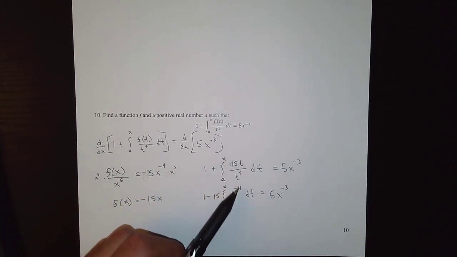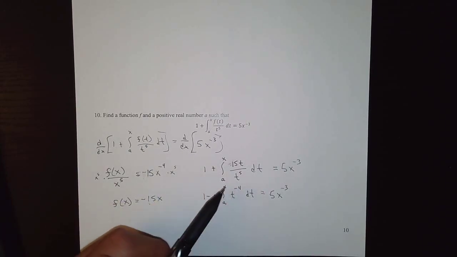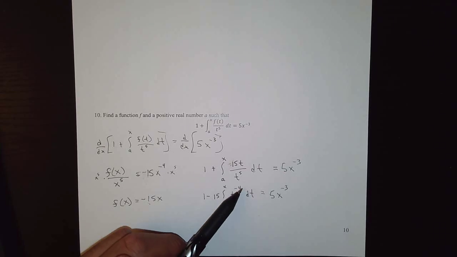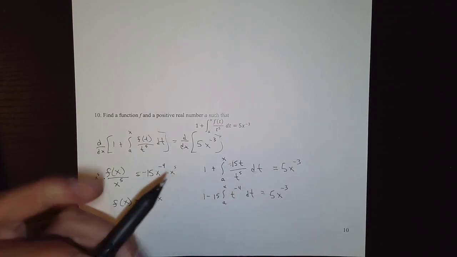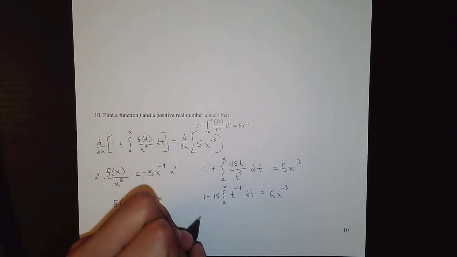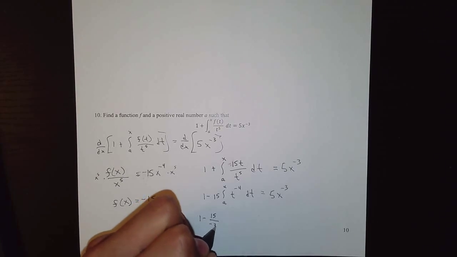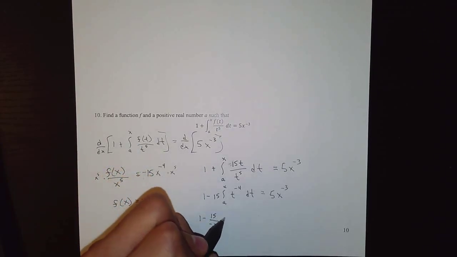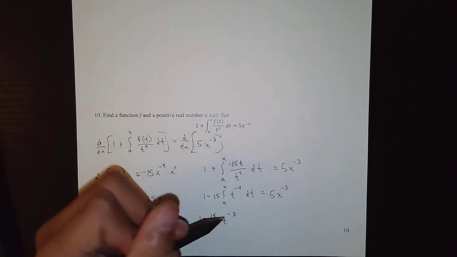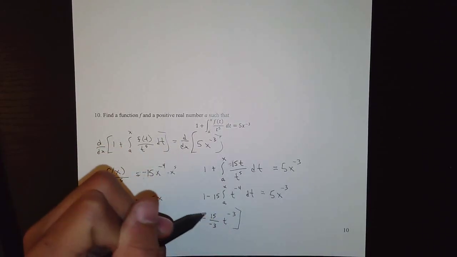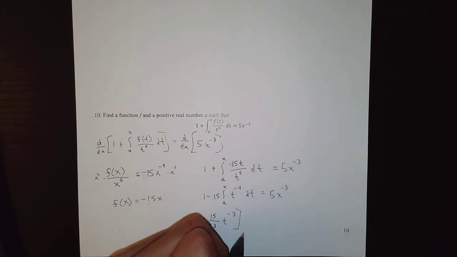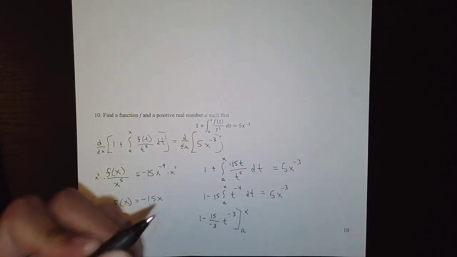Well, when we take the antiderivative of this by using the power rule, we add 1, so this would become a negative 3, but we also have to divide by that. So now we have 1 minus 15 divided by negative 3 t to the negative third power, and we're evaluating from a to x on this side.